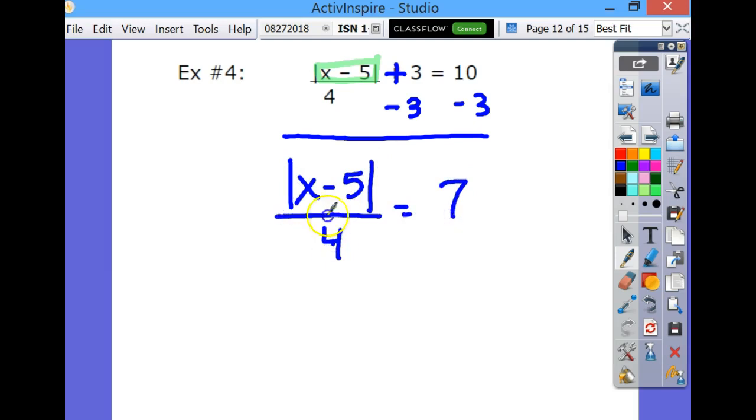This 4 is divided into the absolute value. What's the opposite of divide? If I multiply by a 4 on this side, I have to multiply by a 4 on that side to keep everything equal. The reason I multiply by the 4s is to cancel it out.